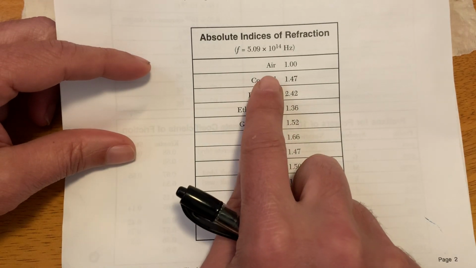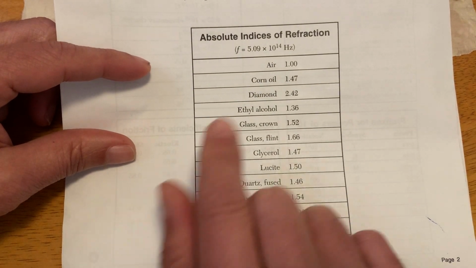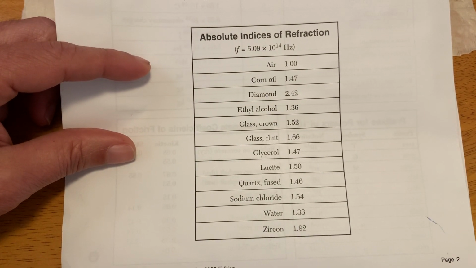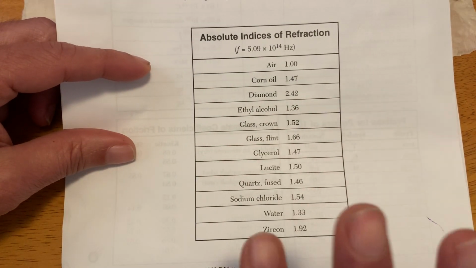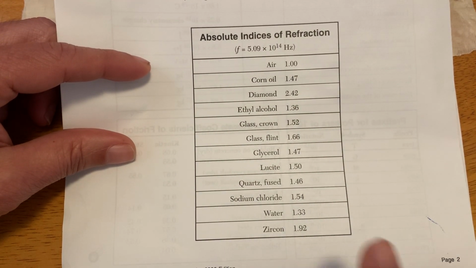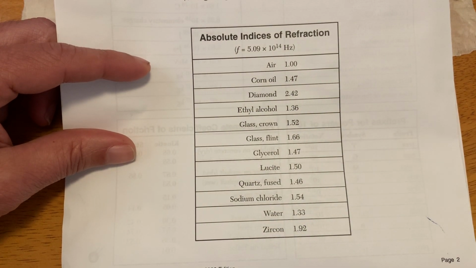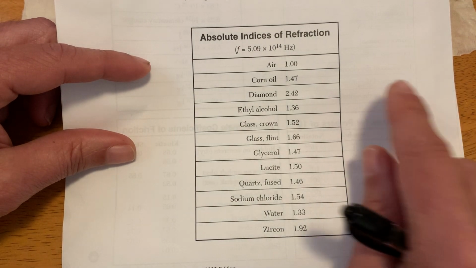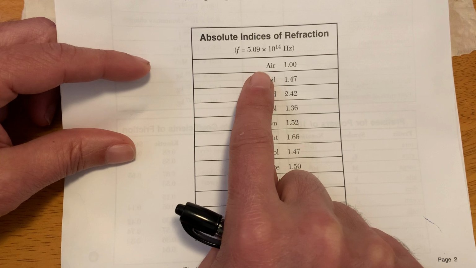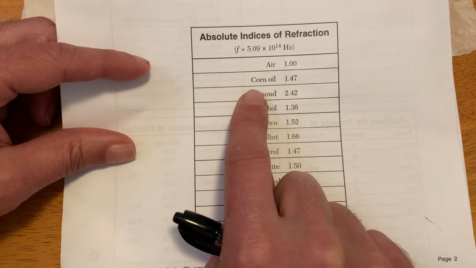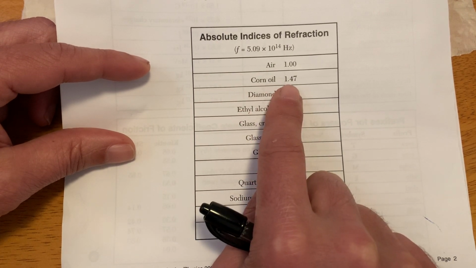Okay, so air. Light in air is 1 times slower. By the way, that's not really true, it's actually maybe 1.000003 or something like that. It's a little bit slower, but relatively speaking, as far as we're concerned, it travels the same. But what happens over here? If light is traveling in air and it goes into corn oil, what happens?